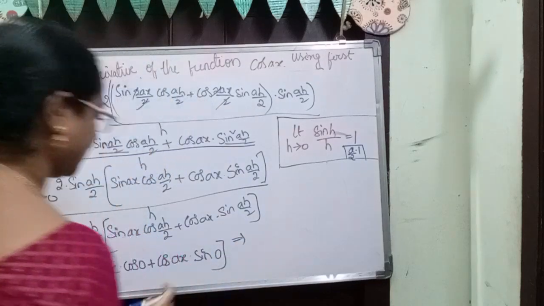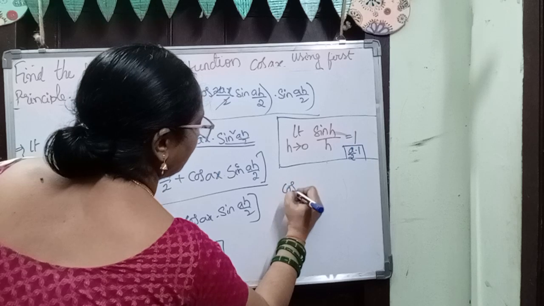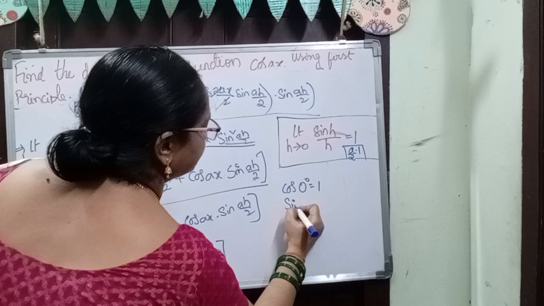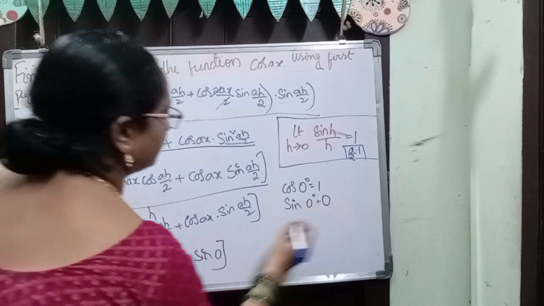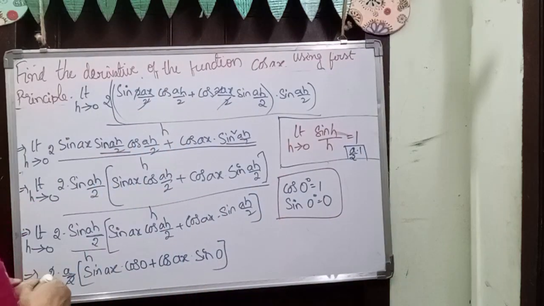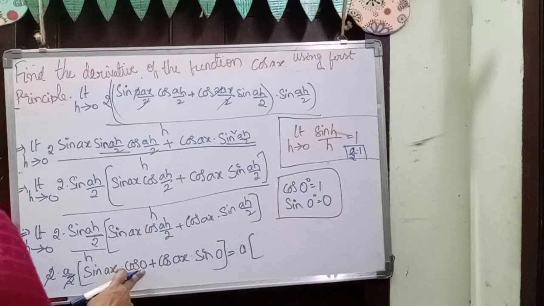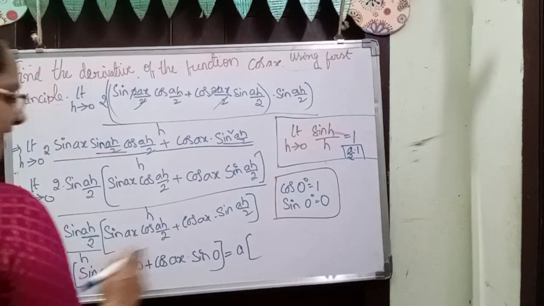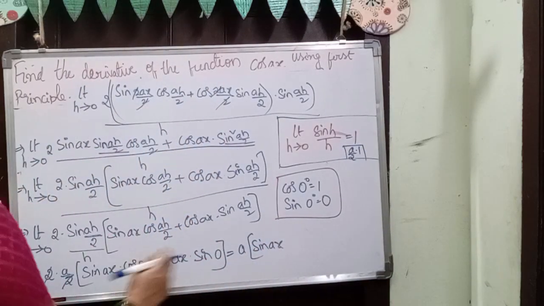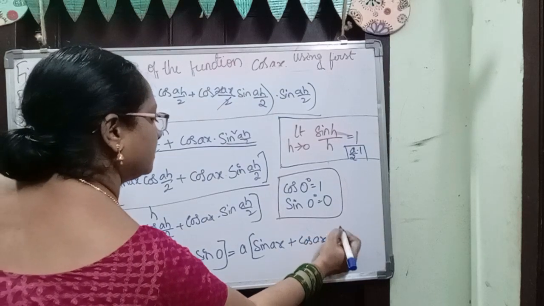What are the values here we have to note? Cos 0 equals 1, sin 0 equals 0. We have to remember these values. So at last what you will get: a into cos 0 is 1, so 1 into sin ax is sin ax, plus cos ax into 0.